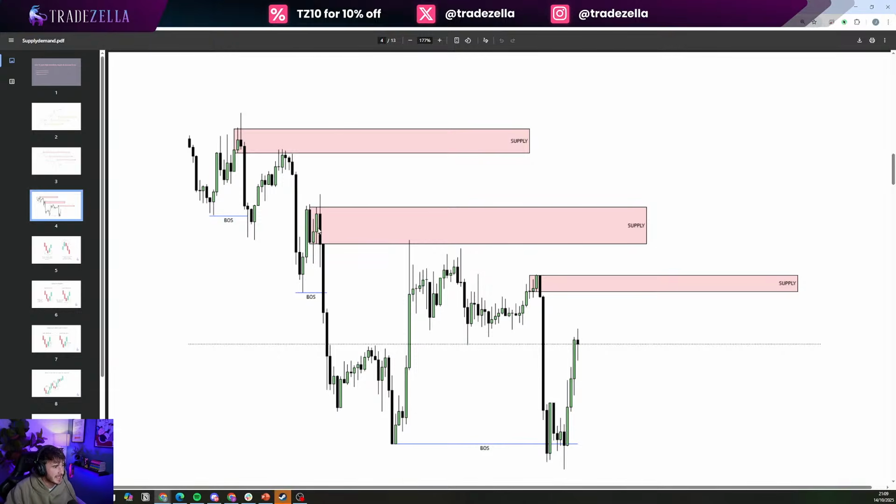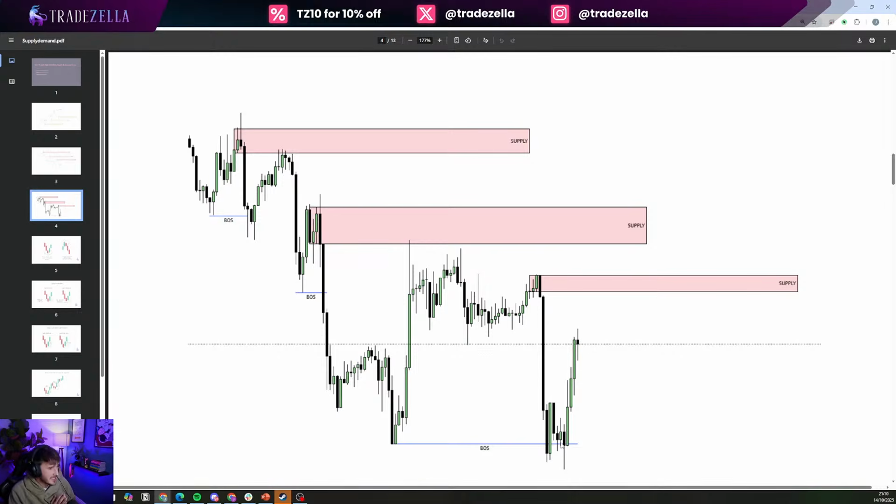So this is the last bullish candle here before the bearish move down that breaks structure. Here, this is the last bullish candle before the bearish move down that breaks structure. This here as well would be an area of supply. This is the last bullish candle before a bearish move down that breaks structure. Here, this is the last bullish candle before a bearish move down that breaks structure.